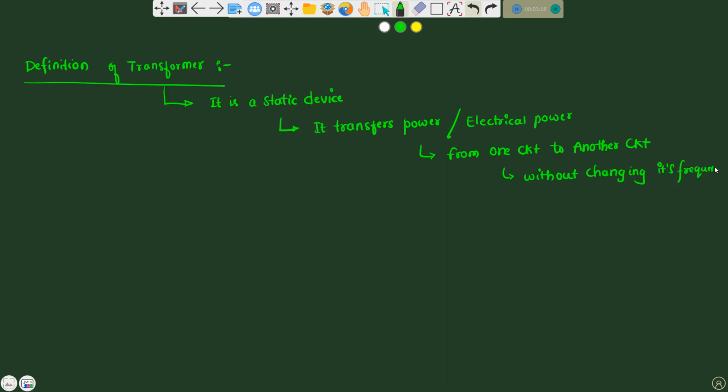This is the definition of a transformer.